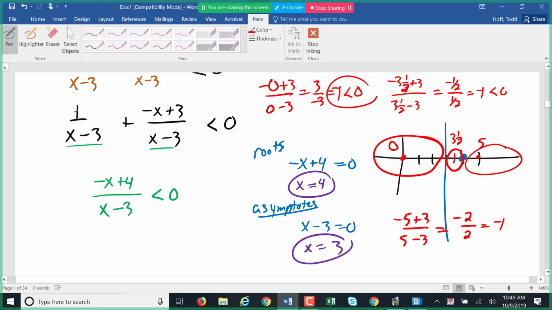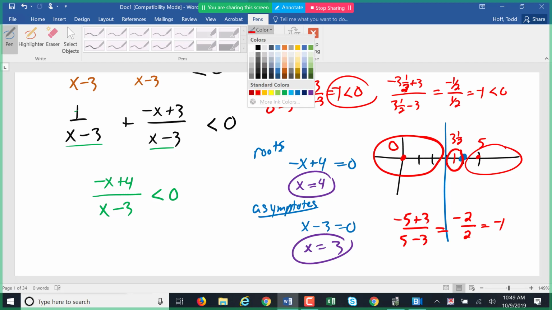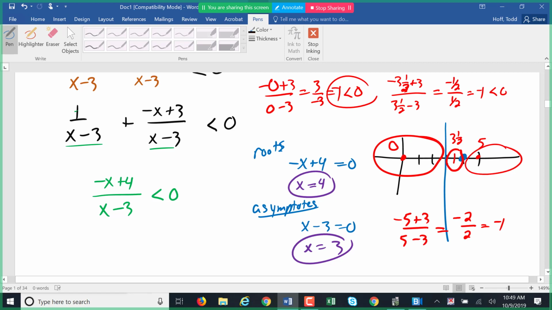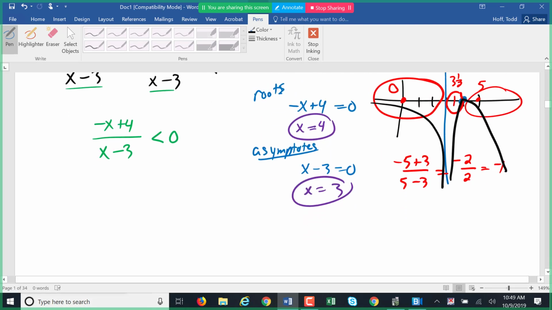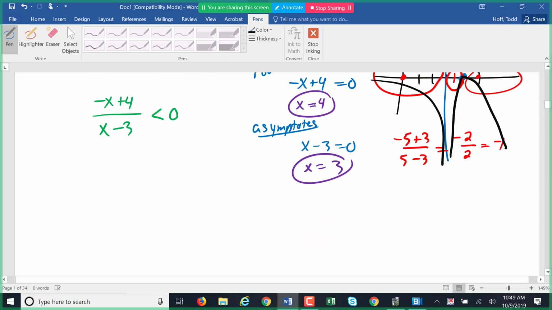What does that mean? Well, that means that this graph has some sort of shape like this. It's always less than 0 except at the asymptote, where it doesn't have a value, and the root, where it's equal to 0.